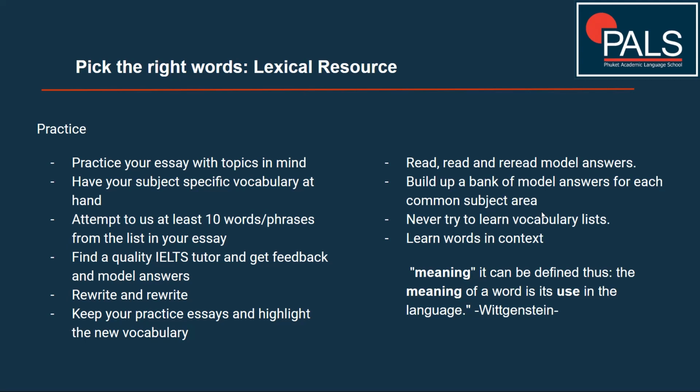Okay, the meaning of a word comes from how you use it within the context of what you're writing. So he said, meaning can be defined thus: the meaning of a word is its use in the language. The meaning of a word is its use in the language. So be careful with those vocab lists, because if you use those words incorrectly in the wrong context, it can change the meaning of the word itself.